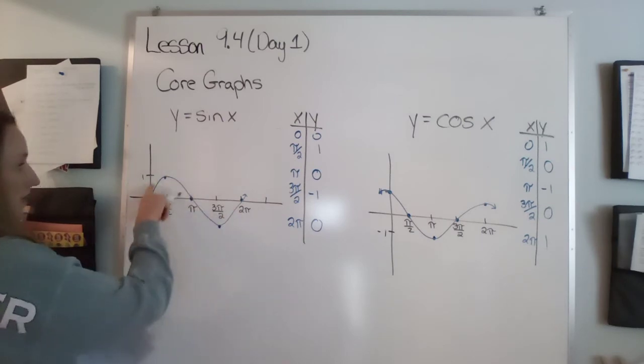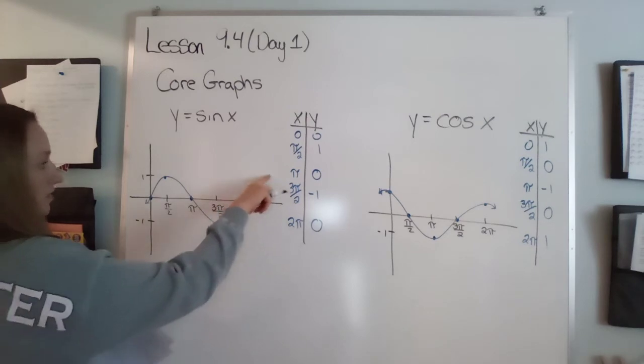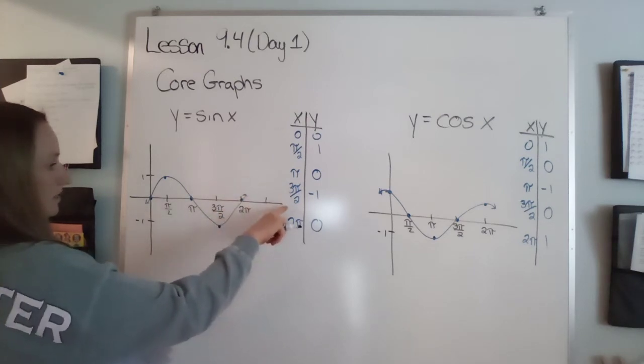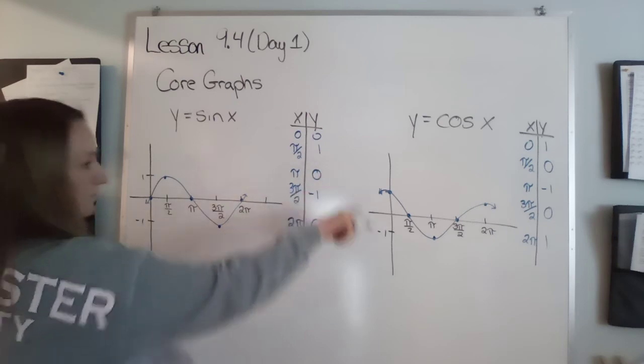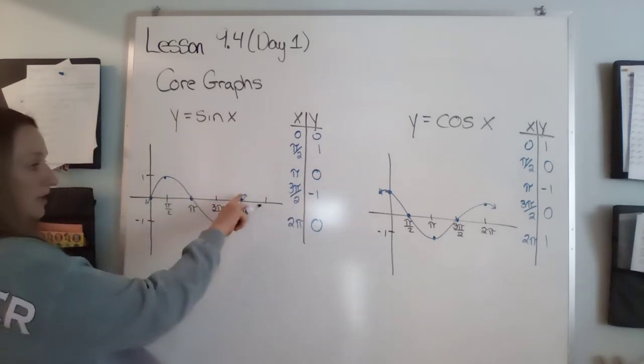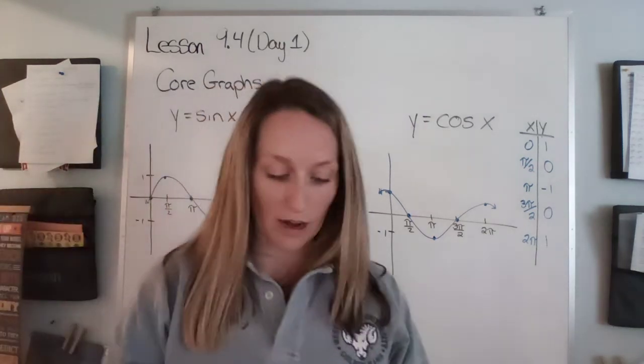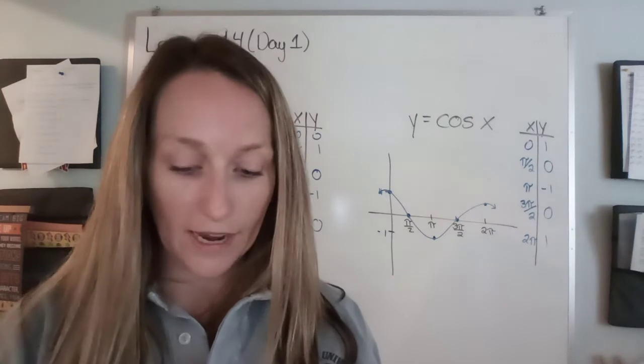It follows the same pattern. So after you graph one period, you can just copy the pattern to graph a second period if you're asked to graph 2 periods. All right.